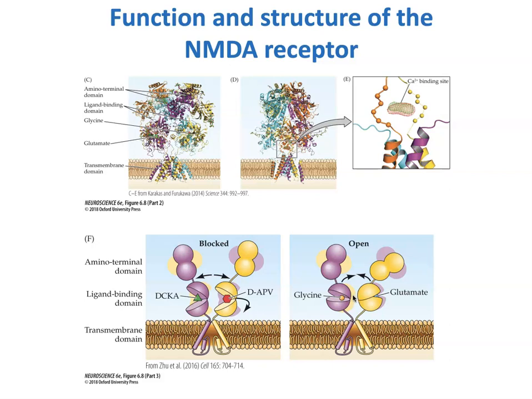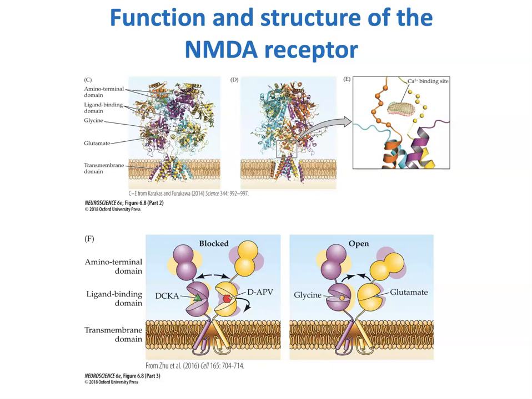These NMDA channels will allow for calcium or sodium to pass through, but your book introduces it as a calcium channel. The NMDA receptor can be affected by psychoactive drugs like PCP or dextromethorphan, so again, playing a role in addiction.